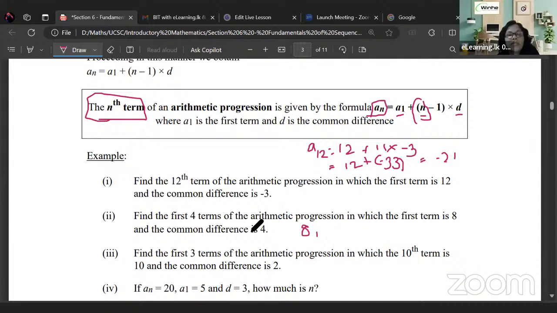If the common difference is 4, then you don't need to substitute the values into the equation. You just add 4 to 8. Therefore, the second term is 12. Add 4 to 12, third term is 16. Add 4 to 16, fourth term is 20. Here they are asking to find the first 4 terms.